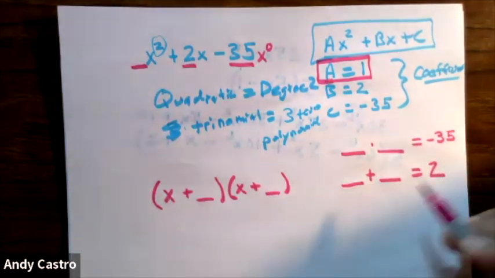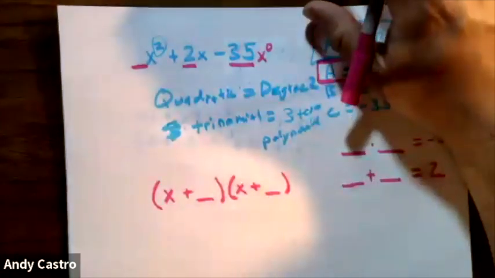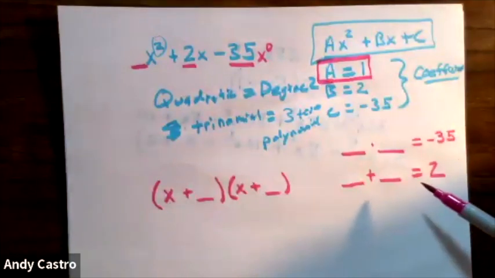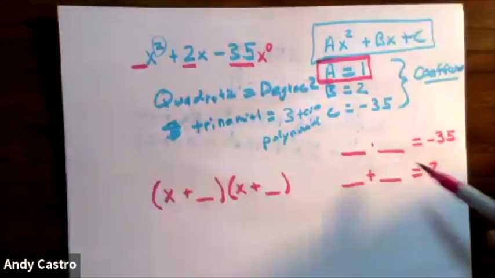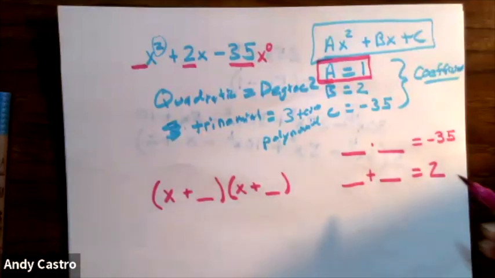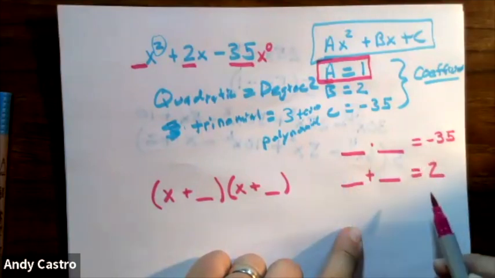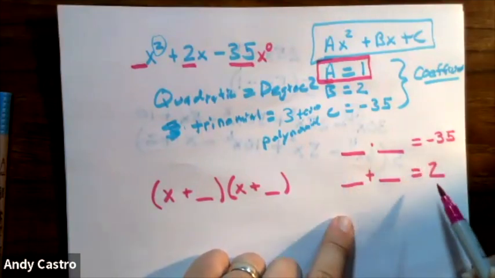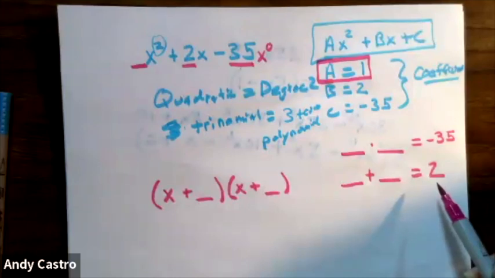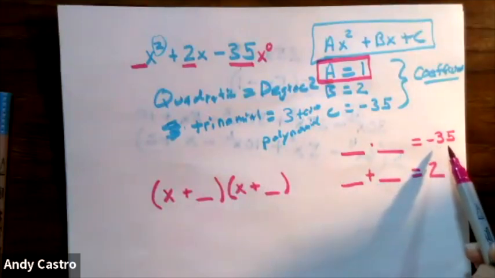So what 2 numbers add to give me 2, multiply to give me negative 35? Well, it can't be 1 and 1. That adds to 2, but does not multiply to give you negative 35. Now, 35, I can get to by multiplying 7 and 5.